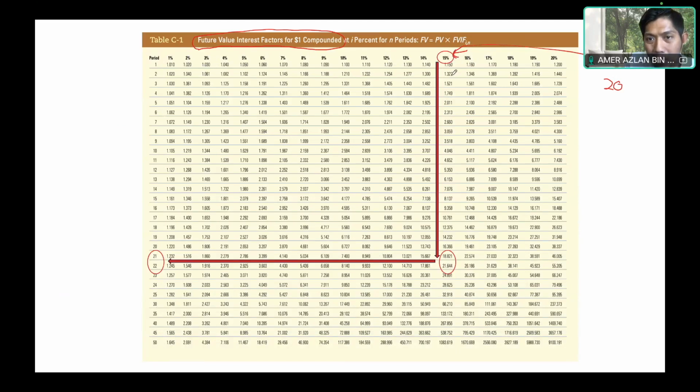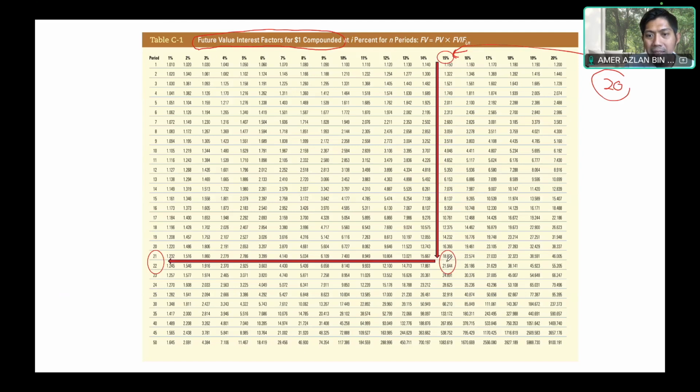And we scroll down further until we find 20. It falls somewhere here between 18.821 and 21.644. So 20 is somewhere around here.